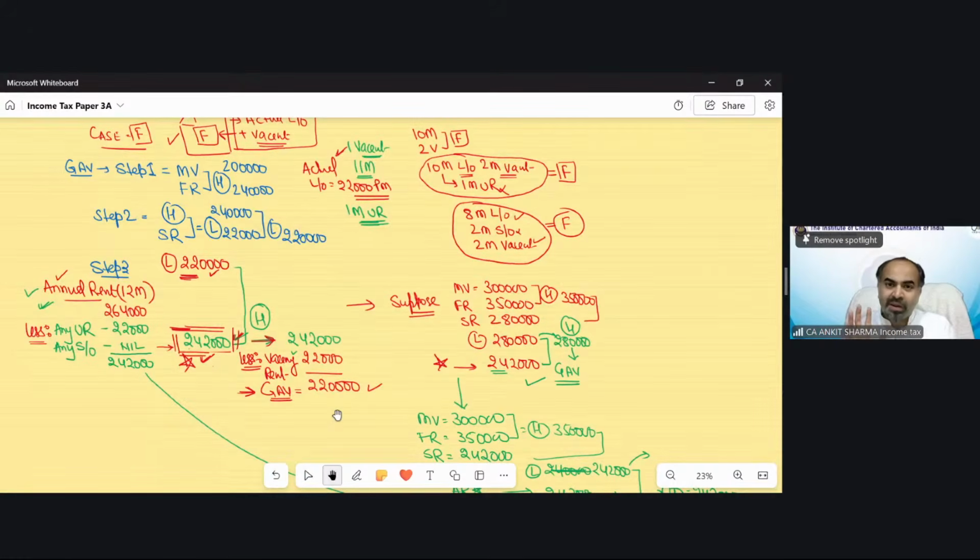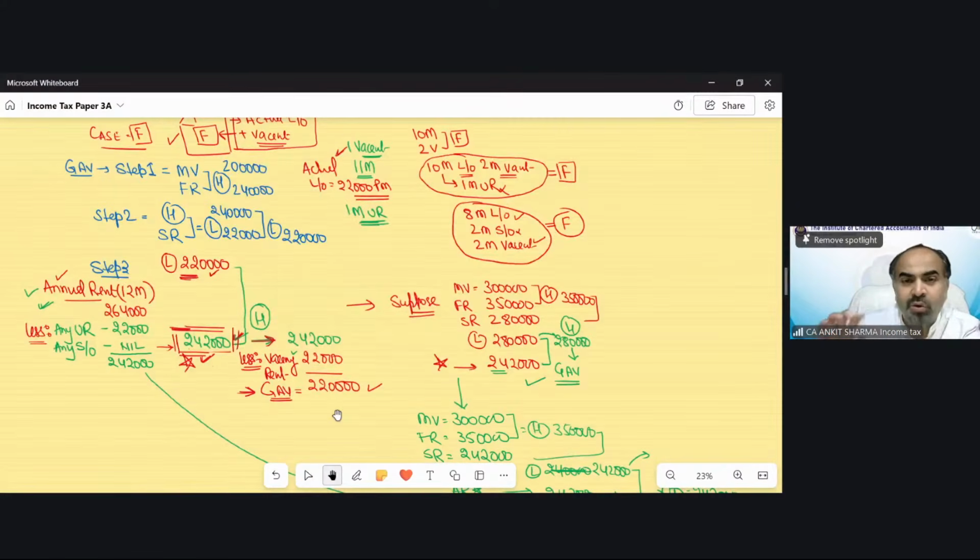So what will happen? You will get confused. Should I reduce unrealized rent? Should I reduce self-occupied time duration? Is it going to be solved as let out case, deemed let out case, E case, G case? So once you see in a question that let out and vacancy are both given, then forget about everything. Just focus on case F provision.